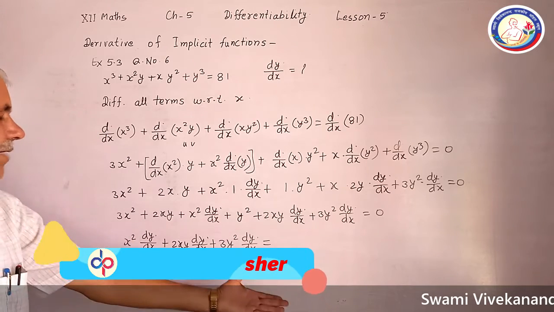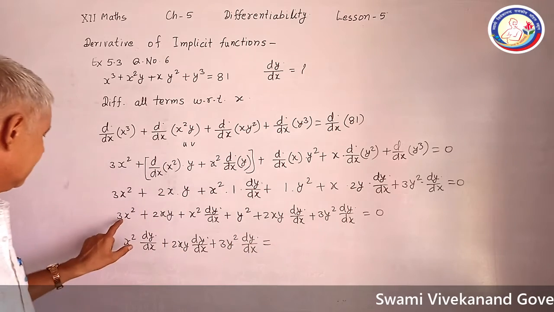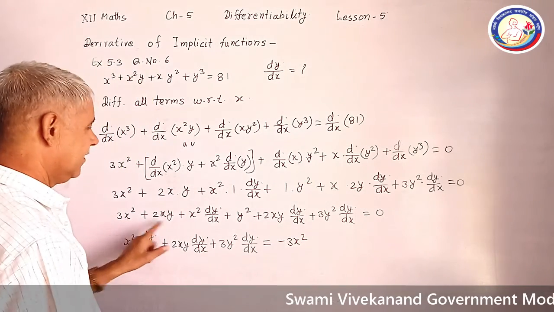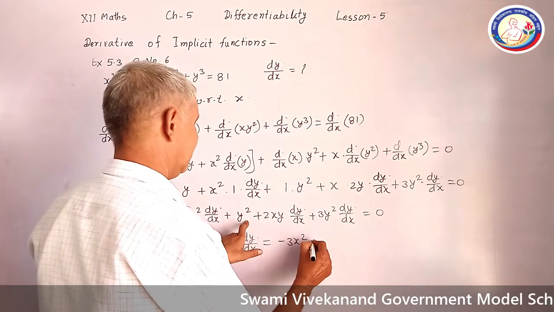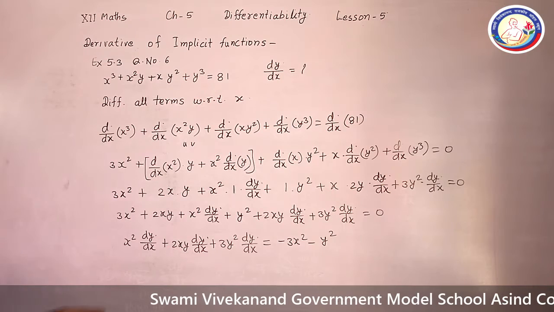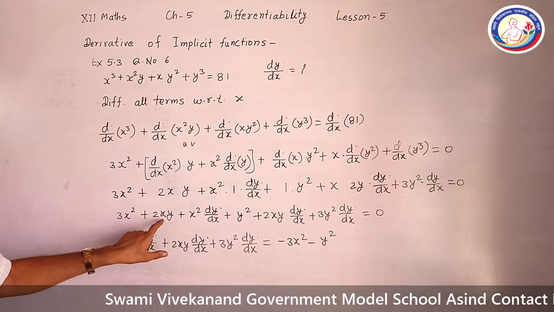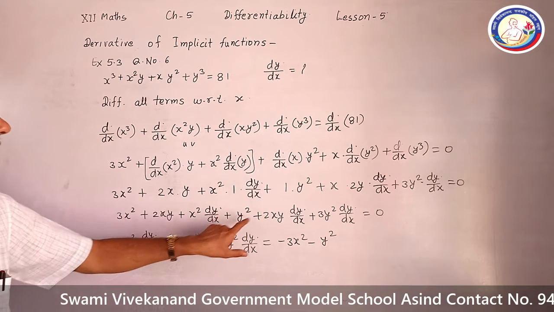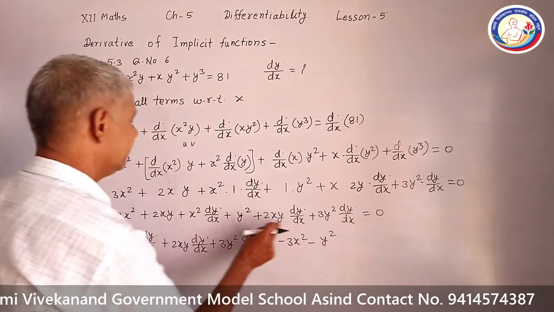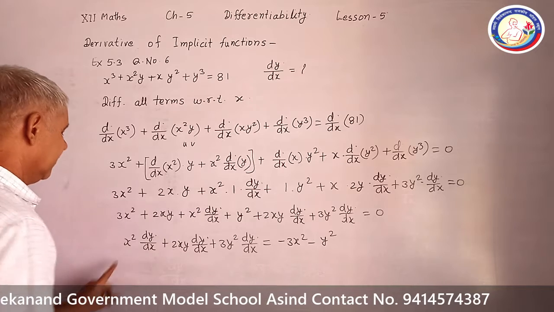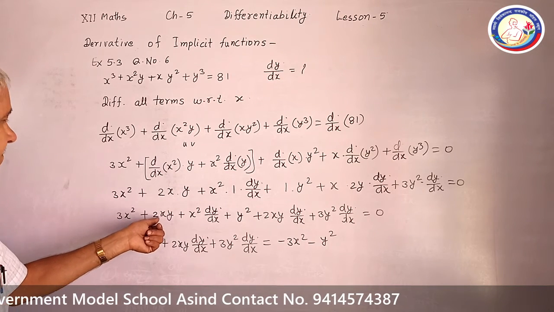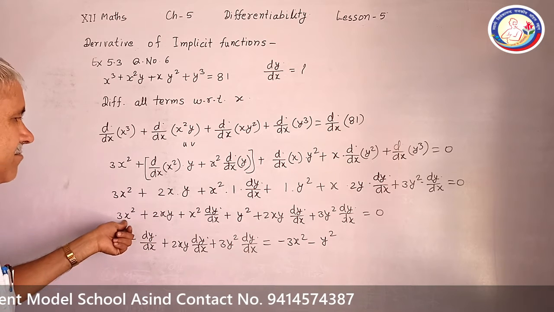I am doing this simultaneously together. This is 3x square, so it is minus 3x square on this side. Again, y square, so it will be minus y square. There are 5 terms in all. First of all, 3x square.